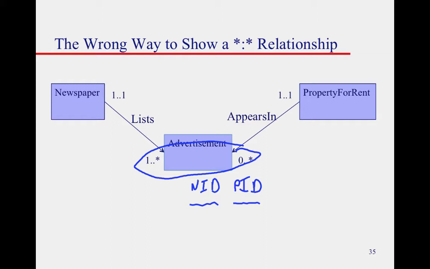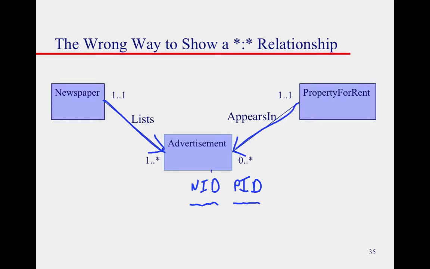If the arrows were going the other way, one arrow coming in and one arrow going out, that also would not suggest a many-to-many relationship. But the fact that both arrows are coming into the box and that they're one-to-many should at least raise a red flag that potentially there's a many-to-many relationship.